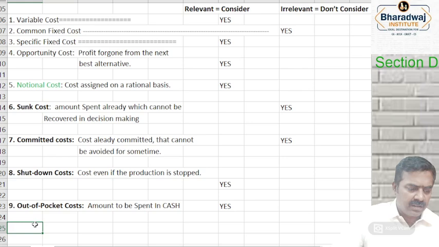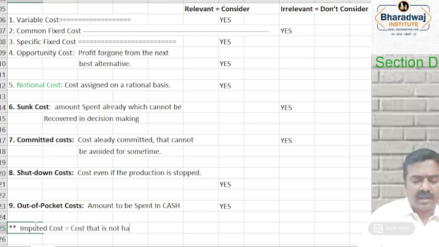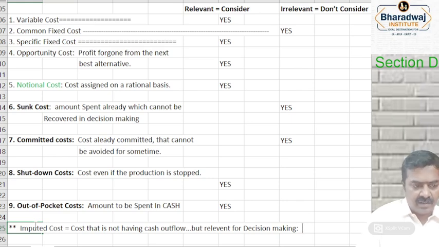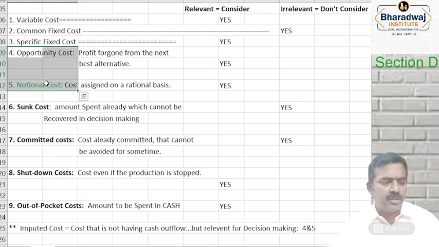Please note, in IMA terminology, they use the word imputed cost. Imputed cost includes cost that does not have a cash outflow but is relevant for decision making. Example, we have seen already point number 4 and 5: opportunity cost and notional cost.